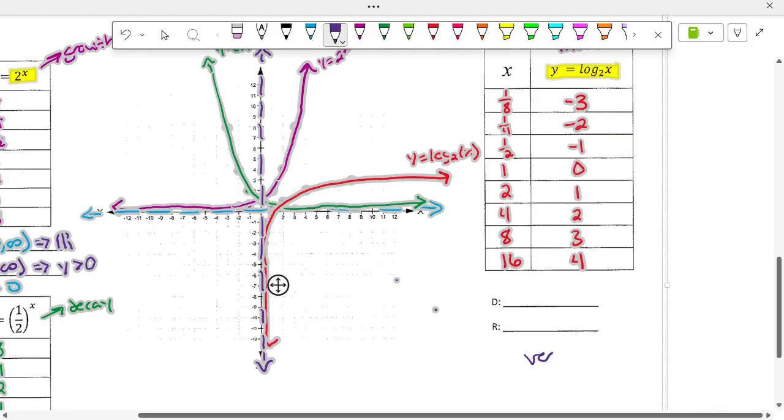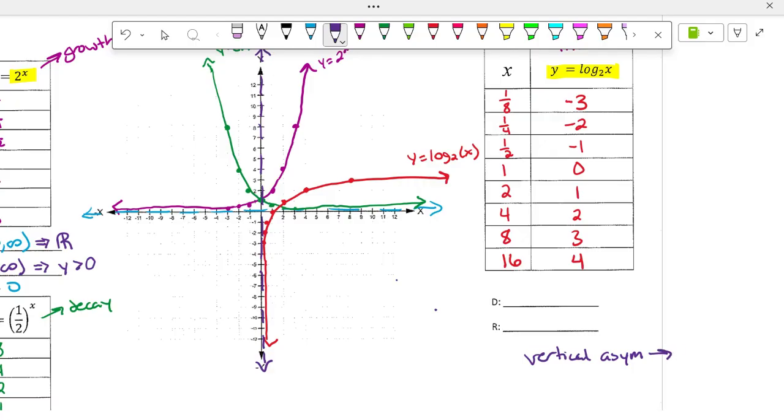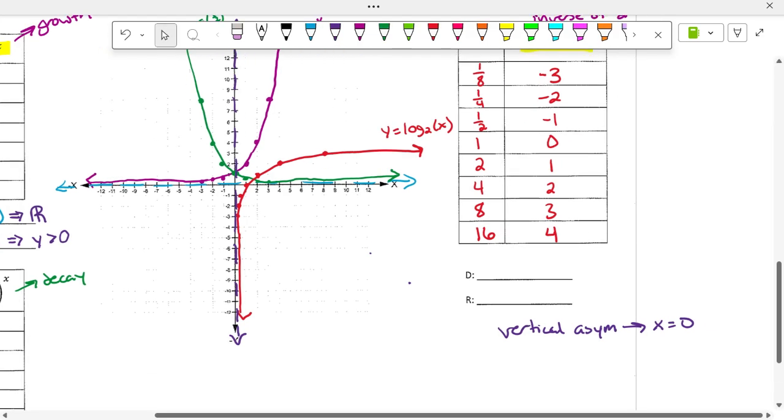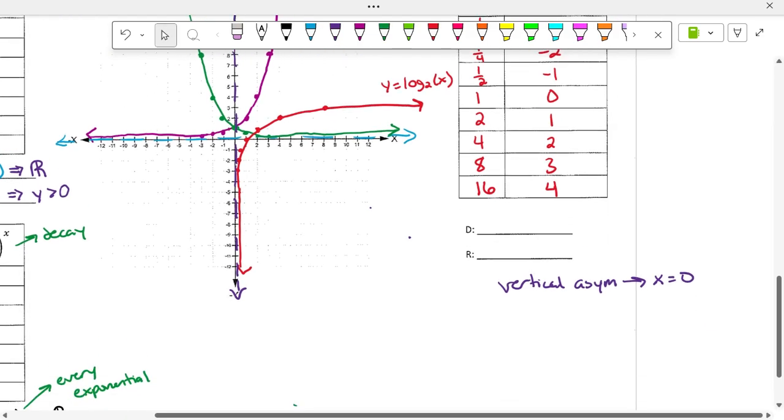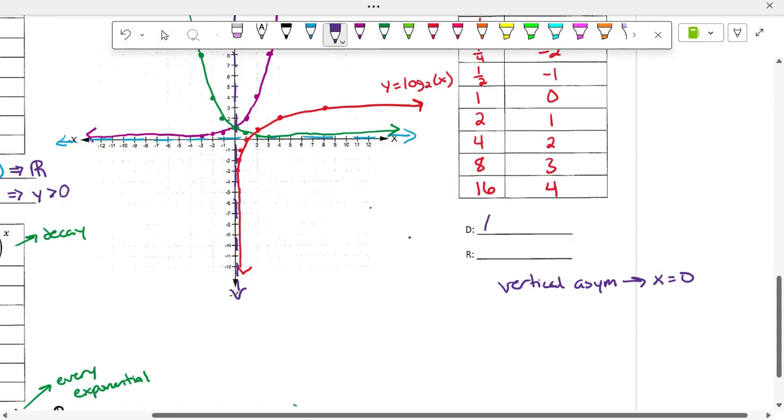So I have a vertical asymptote at x equals 0. So what's the domain? Nope. 0 to infinity. It's the vertical asymptote to infinity.